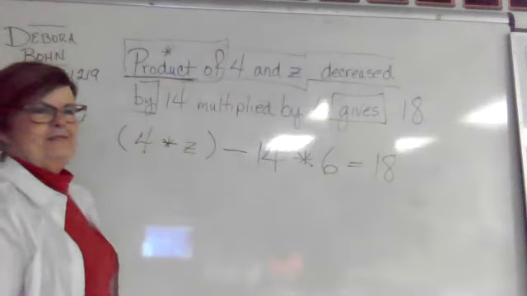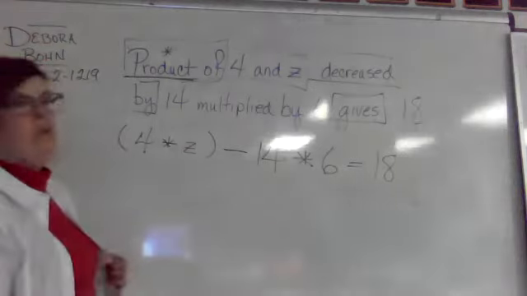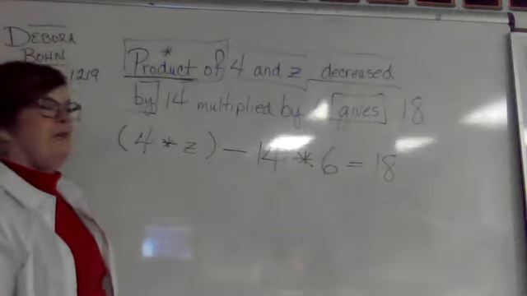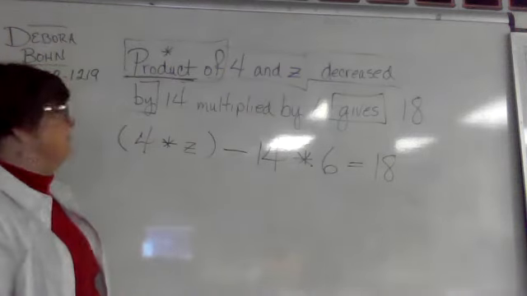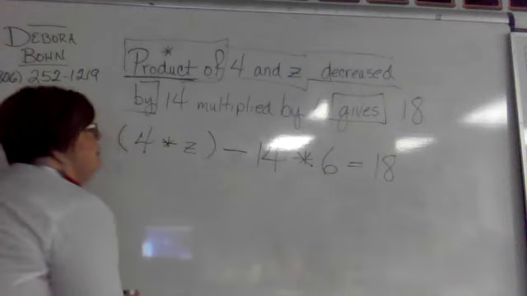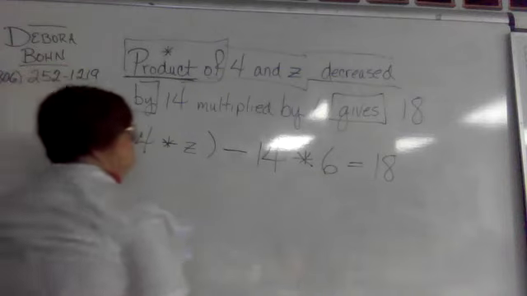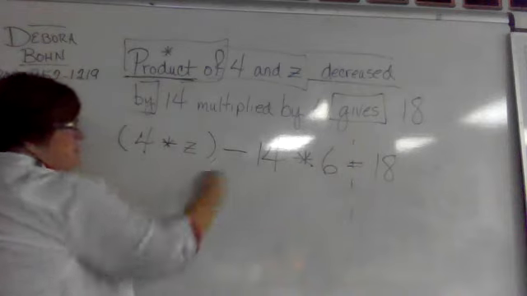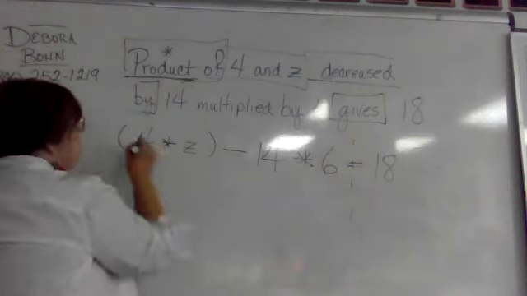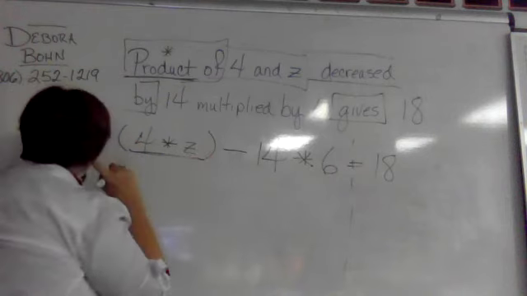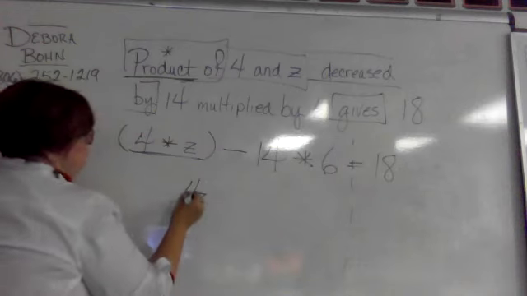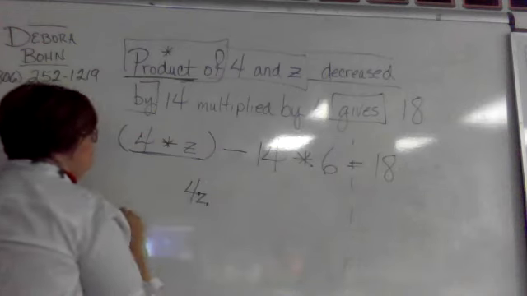Would we solve this with PEMDAS or no? Yes. So you can actually try it if you'd like. Let's do it, Naomi. PEMDAS. We're going to do this side first. So what do I do first? Parentheses. So I have 4 times 1, 4Z.